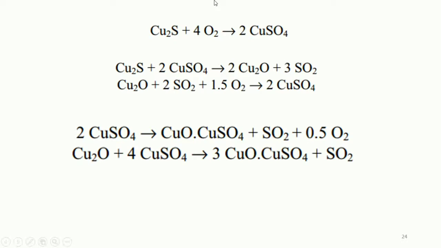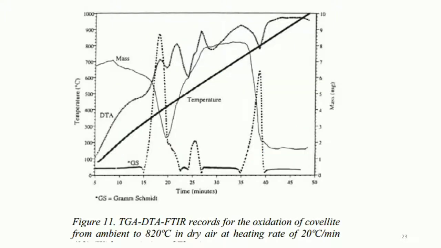The formation of CuSO4 continued up to 653 degrees Celsius, at about 650, at which an endothermic peak, which we can see here, and the mass loss started.